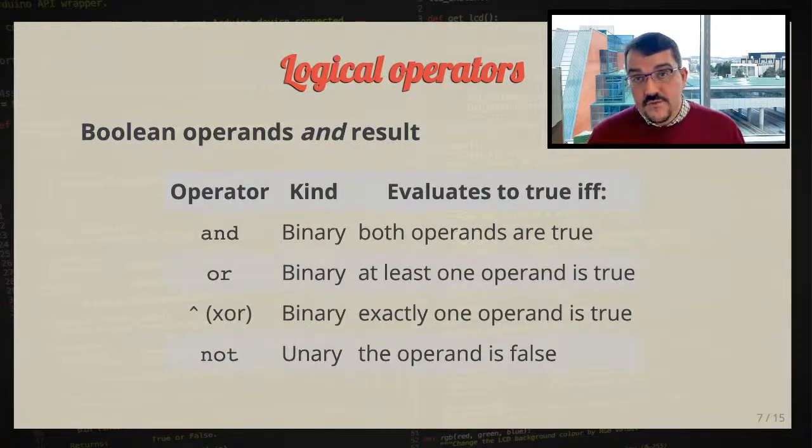So the exclusive or operation will evaluate to true if exactly one of its operands is true. This turns out to be really important in computing for a bunch of reasons, one of which is that it's really easy to build exclusive OR operations in hardware. And also there are many, many things in computing where we care about exclusive categories.